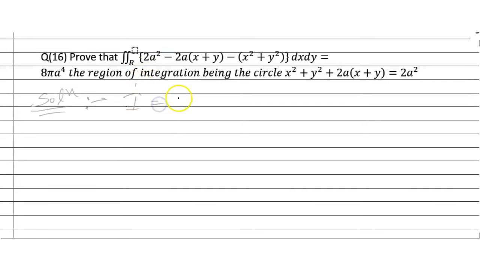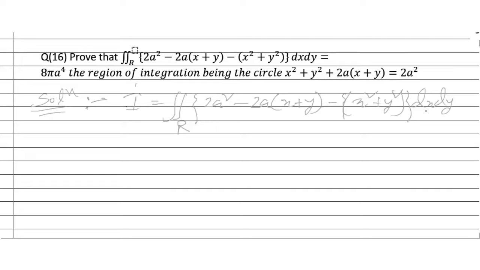I is equal to integration of 2a squared minus 2ax plus y minus x squared plus y squared dx dy.